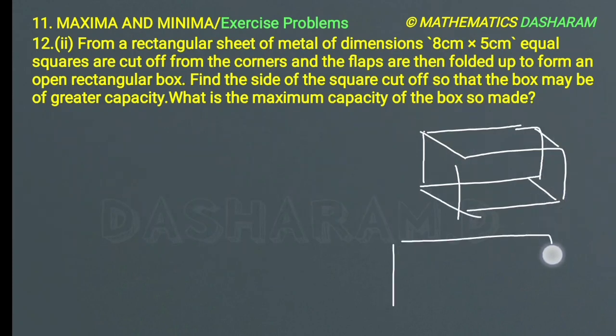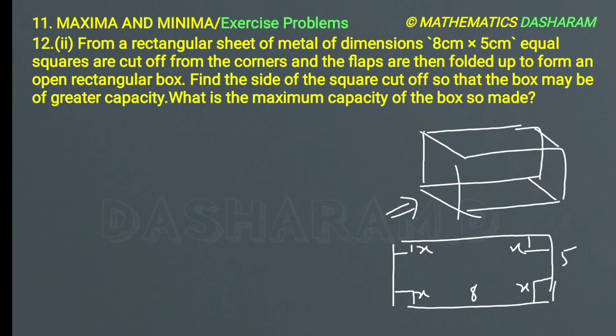So first of all, a rectangular sheet is there. Its length is 8 and breadth is 5 cm. Four corners with equal sides are removed, then folded. We get the rectangular open box. So I am selecting the side of the square as x centimeters.